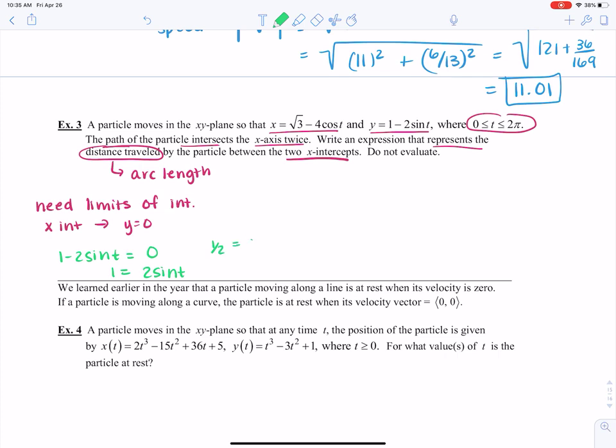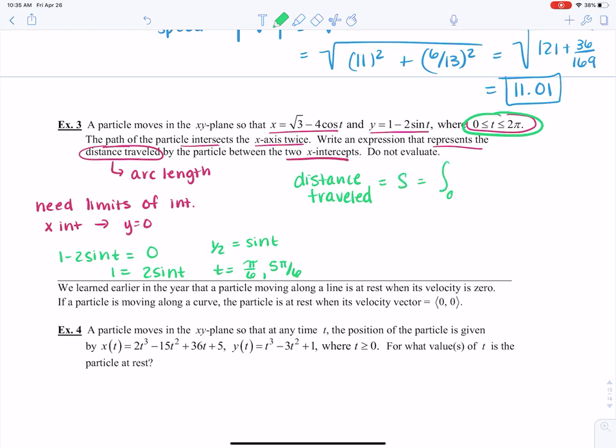So I get 1/2 is equal to sine of t, and that happens at t equals pi/6 and 5pi/6, and both of those happen to be in between 0 and 2 pi. So that's nice because I can get my distance traveled by my arc length formula.